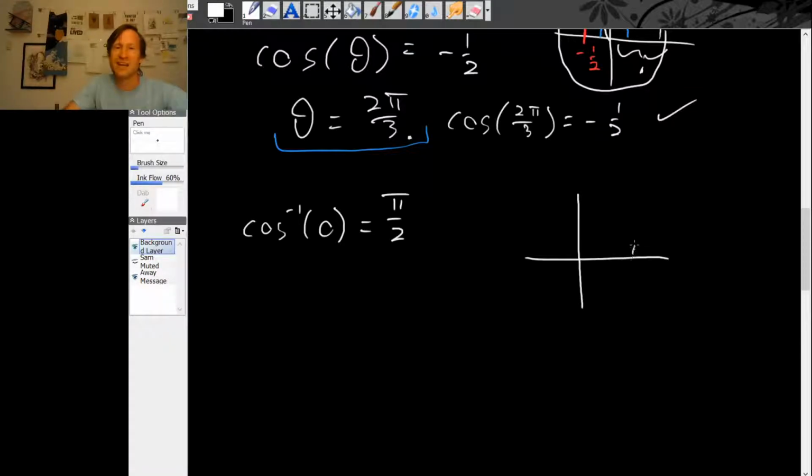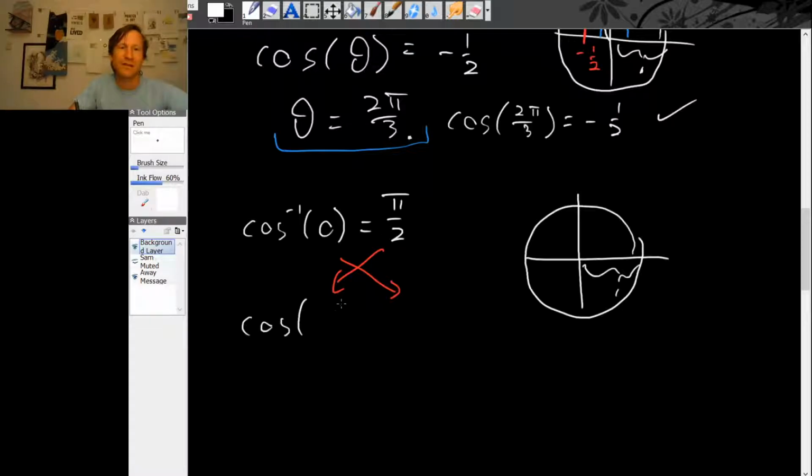Just to draw the sketch, in a unit circle here, we want our x coordinate to be 0, because we're looking for the output of cosine to be 0. That is here. And on the top semicircle, there's only one angle that puts you at the top of the unit circle or the bottom. It's at the top, and this angle is pi over 2.